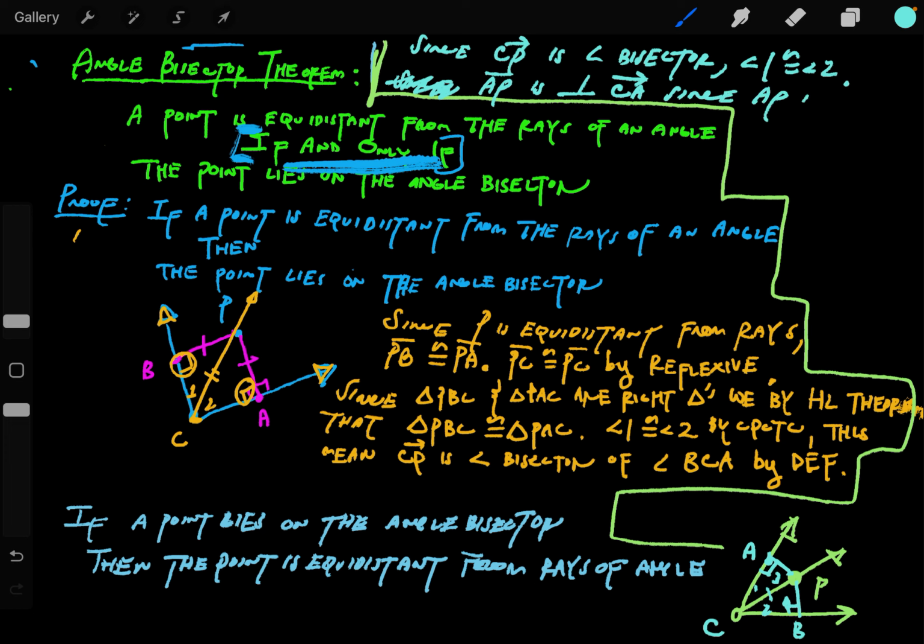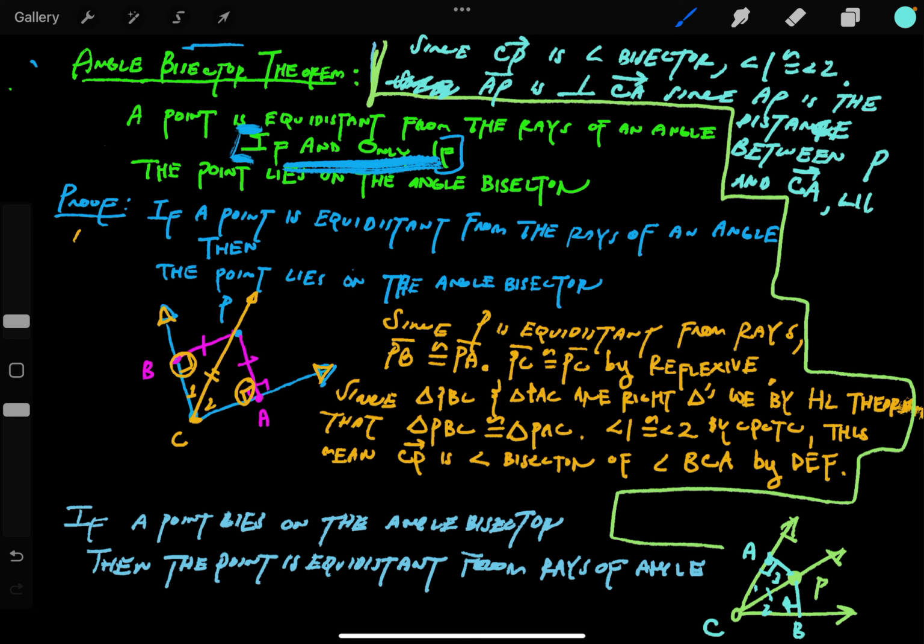And what I mean by the distance is, of course, the shortest distance. The distance is the distance between P and ray CA.